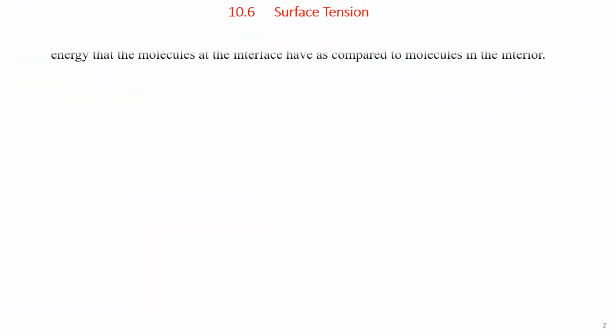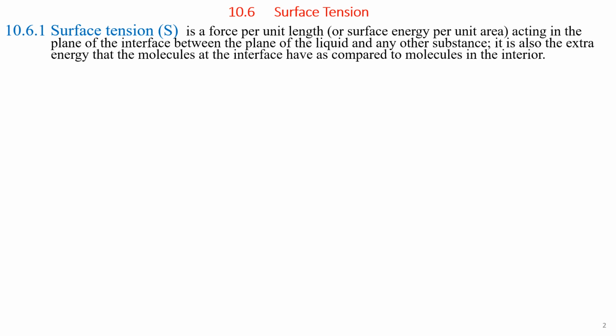Surface tension. Surface tension is a force per unit length, or it is surface energy per unit area acting in the plane of the interface between the liquid and any other substance.